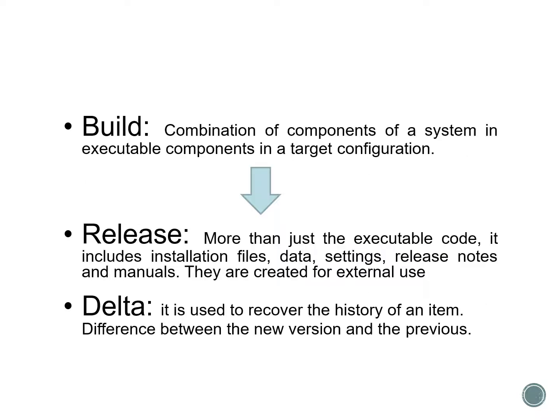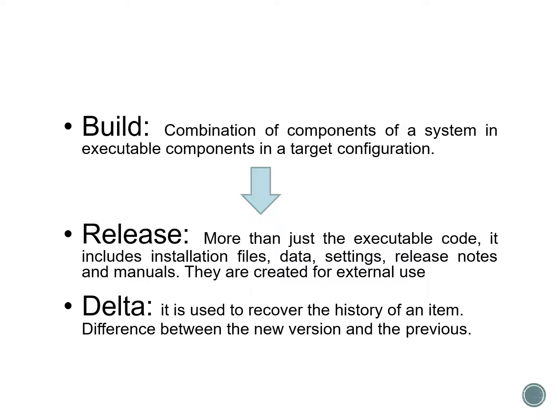So, of course, the build is the combination of components of a system into executable components in a target configuration. So that's more or less the thing we are delivering or distributing, or could deliver, to our customers.